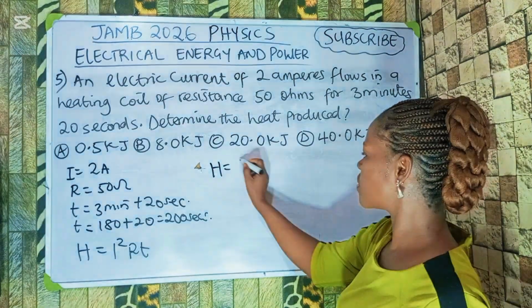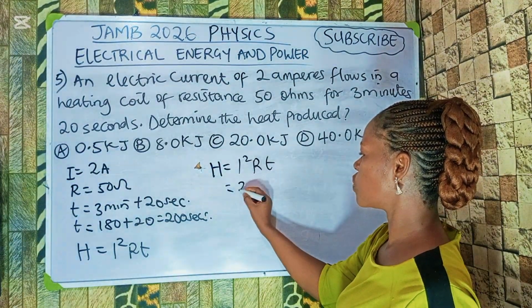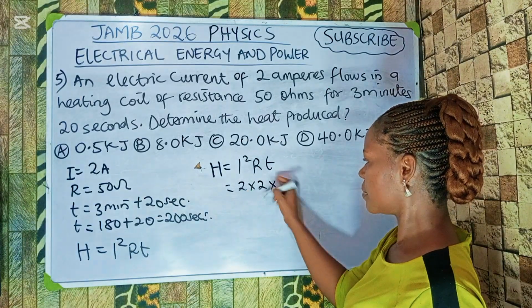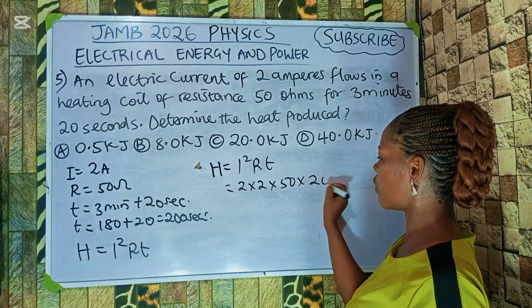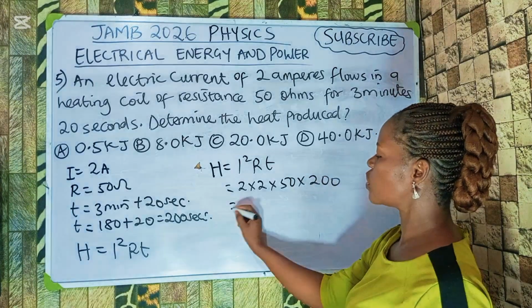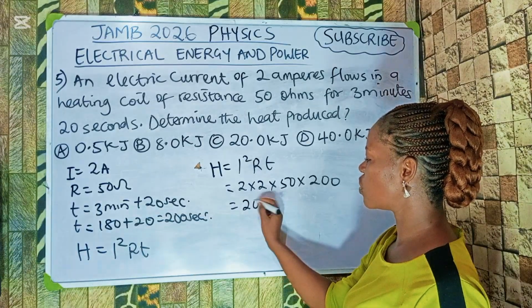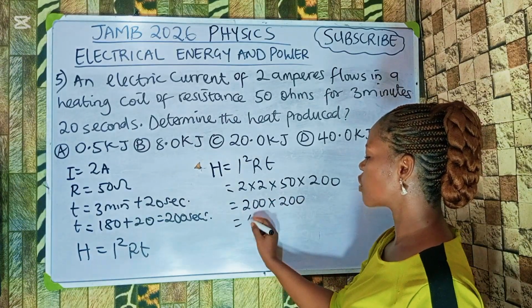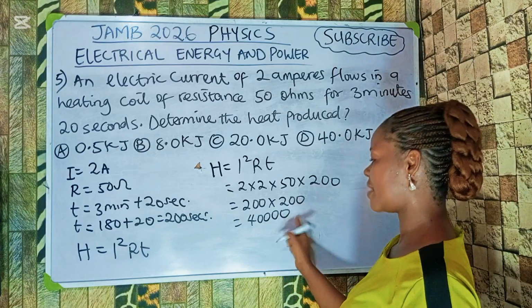So H equals I squared R T. My current is 2, and because it's I squared, 2 times 2. Resistance is 50 and time is 200. 2 times 2 is 4, 4 times 50 is 200, so this is 200 multiplied by 200, which gives me 40,000 joules.